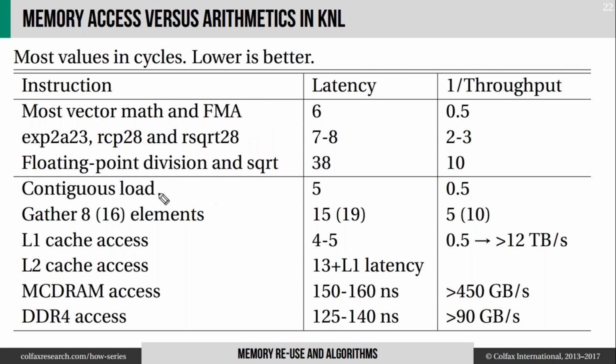Compare it to the latency and throughput of memory accesses. A contiguous load from the level 1 cache gives you a reciprocal throughput of half a cycle. So you load 2 cache lines per cycle, and you can consume 2 cache lines per cycle. If your data is coming from the level 1 cache, you're fine.